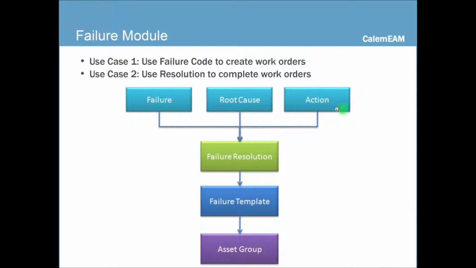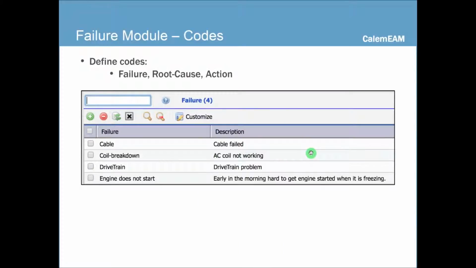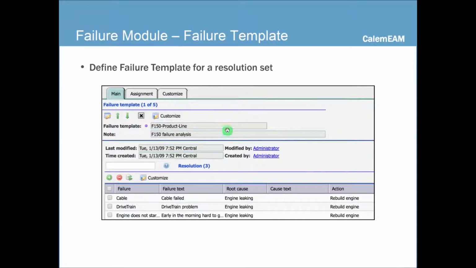Here are the components for the failure module: the codes for failure, root cause, action, the failure resolution, failure template, and also the asset group that are related to the failure template. So the first step is to define the codes for failure, root cause, and action. Next, you define the resolutions for a template.